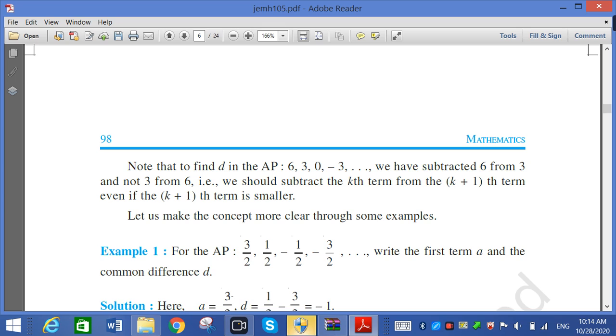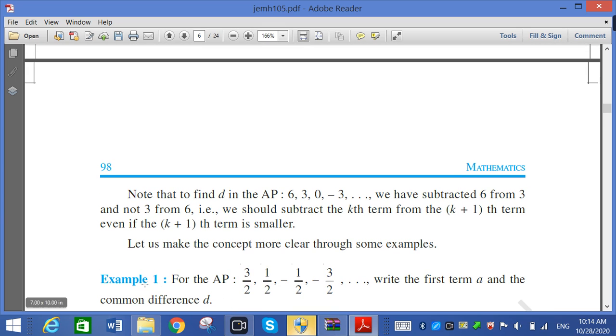Now the first example. For the AP 3 by 2, 1 by 2, minus 1 by 2, minus 3 by 2, write the first term A and common difference D. Finding the first term is easy. Now how do I find D? I have to say A2 minus A1. What is A2? That is 1 by 2.